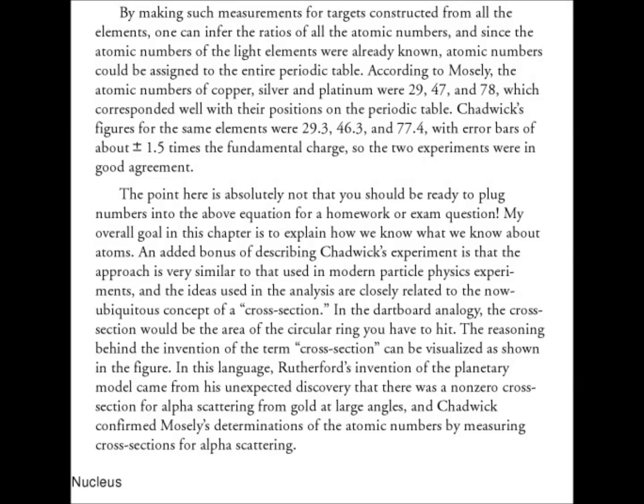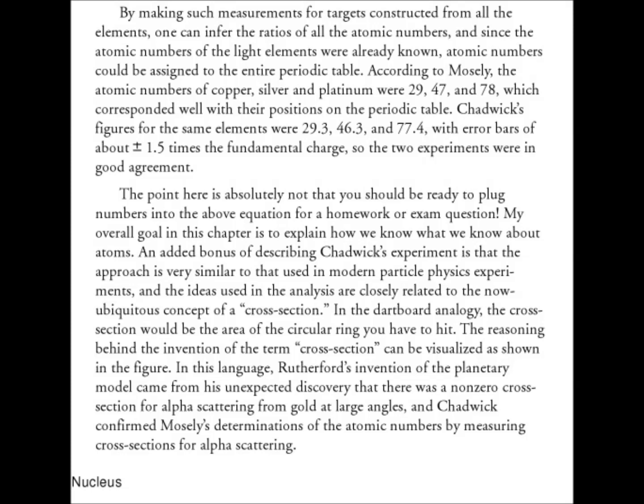Chadwick's figures for the same elements were 29.3, 46.3, and 77.4, with error bars of about plus or minus 1.5 times the fundamental charge. So the two experiments were in good agreement. The point here is absolutely not that you should be ready to plug numbers into the above equation for a homework or exam question. My overall goal in this chapter is to explain how we know what we know about atoms.